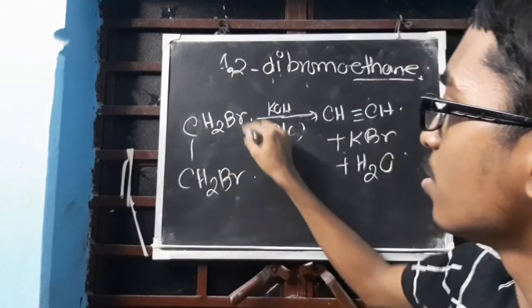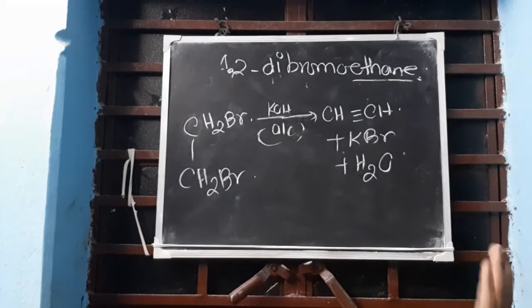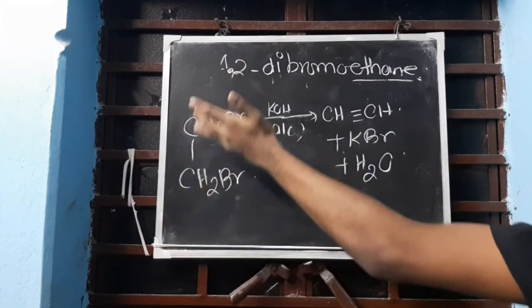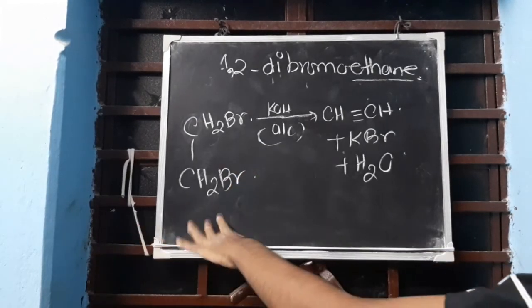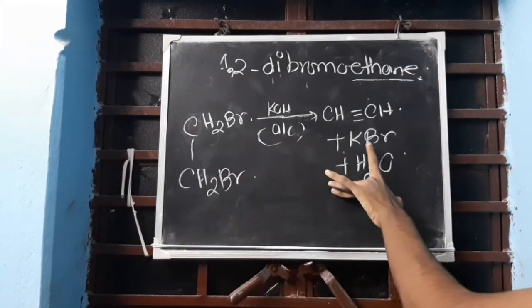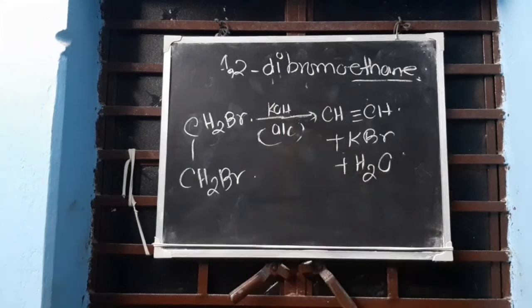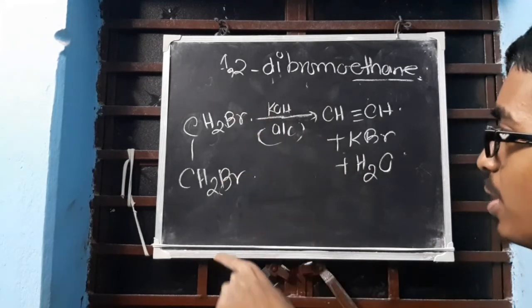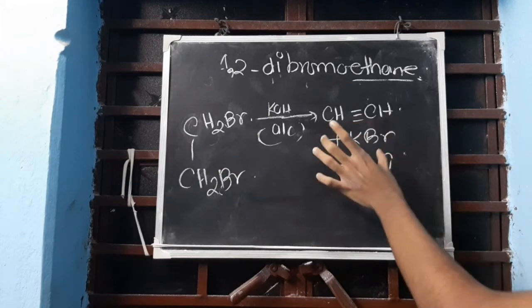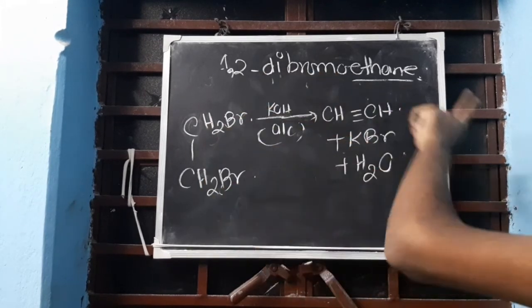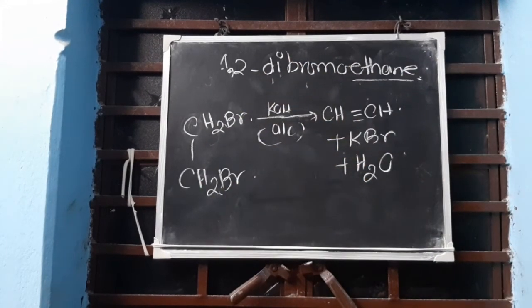Fine, you can write like this, no problem. You add up both, so C2H4Br2 will be the answer. So here 2KOH will come up. So C2H2 will be here, and KBr will be there, and H2O will be there. This is preparation from 1,2 dibromoethane.